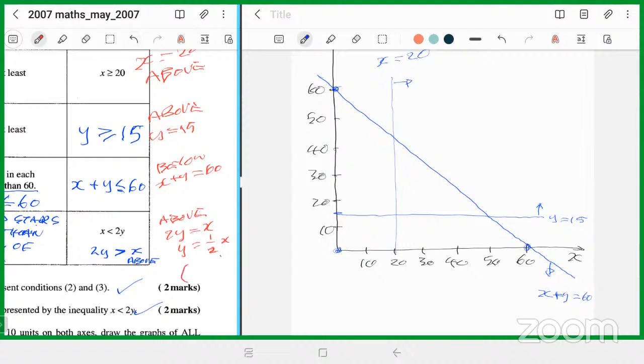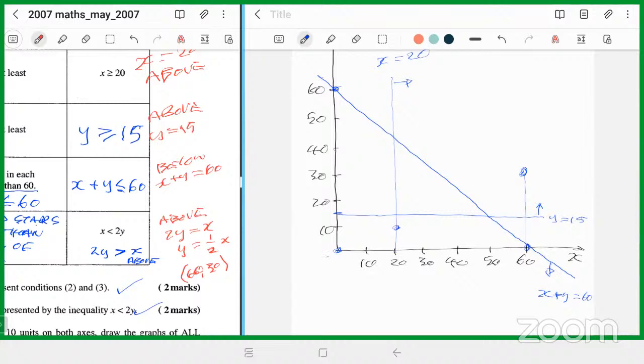For example, if the x value is 60, then the y value is 30, so half of 60 is 30. So it passes through 60, 30 right here. All right, so the line would also go through 20, 10.